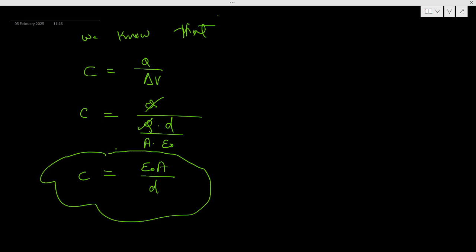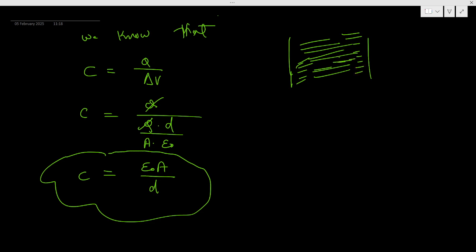Now take a situation in which the plates of the capacitor have some dielectric medium filled between them, let's say water. When we fill some dielectric medium, we get an extra epsilon r in this formula.